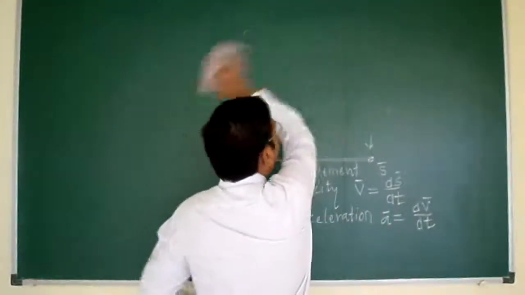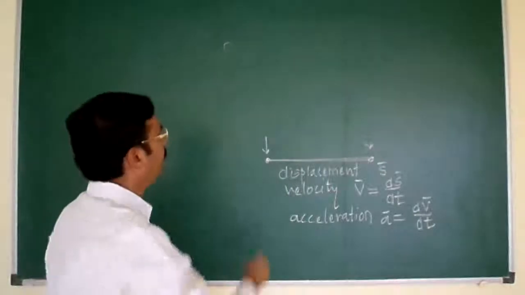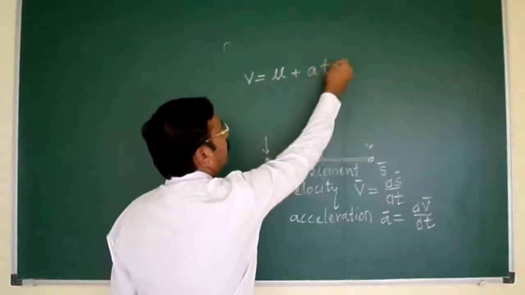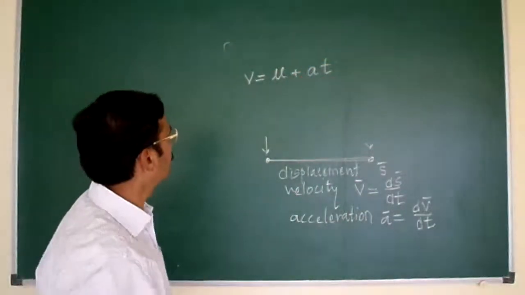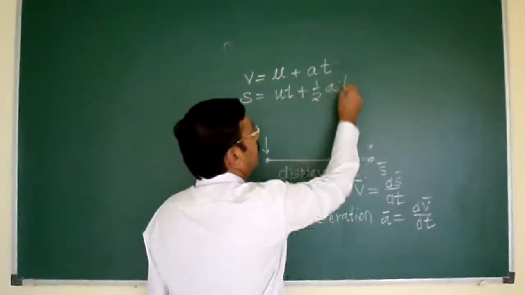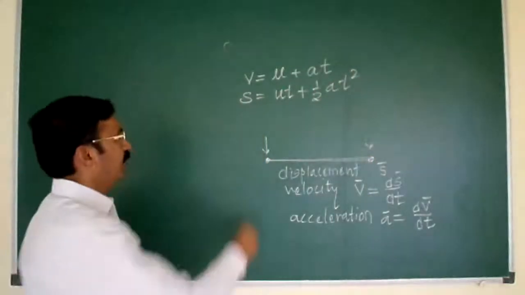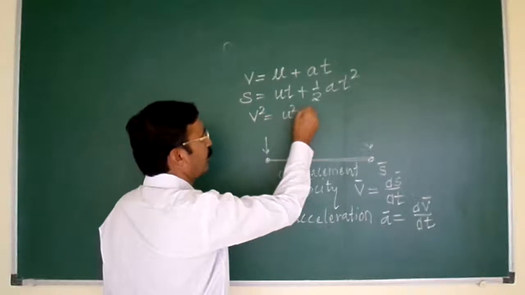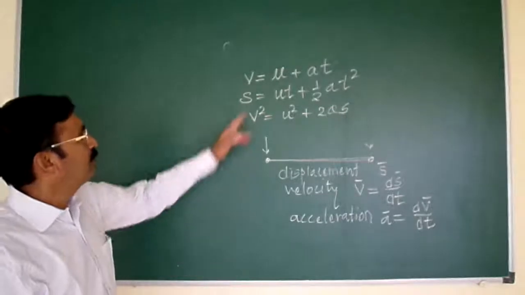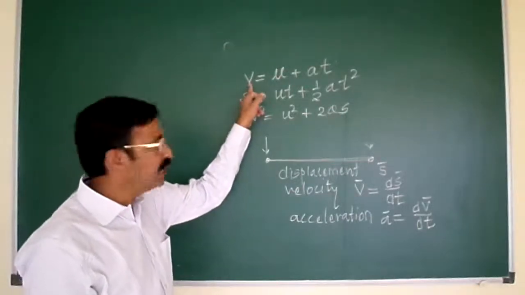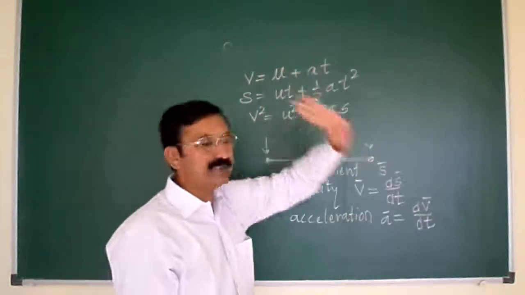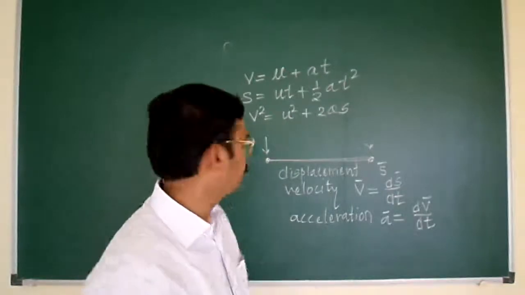We have studied these kinematical equations as V is equal to U plus AT, the first kinematical equation, S is equal to UT plus half AT square, and V square is equal to U square plus 2AS, where V is the final velocity after time t, U is the initial velocity, A is acceleration of the body, and t is the time for which the body is in motion.